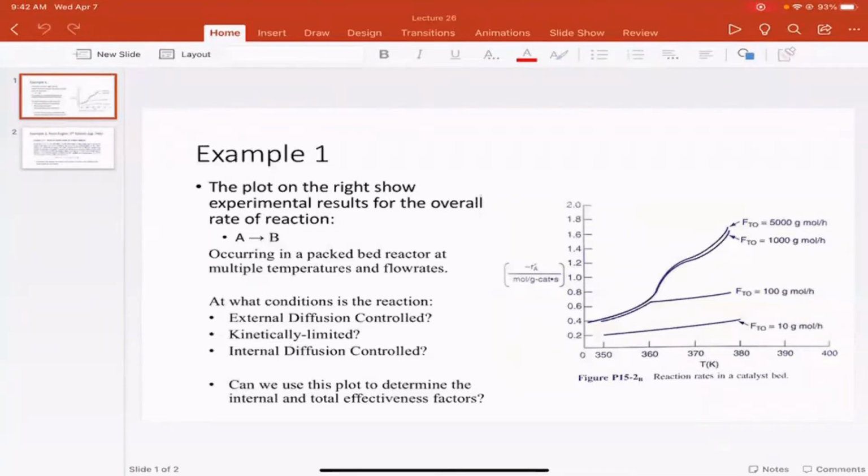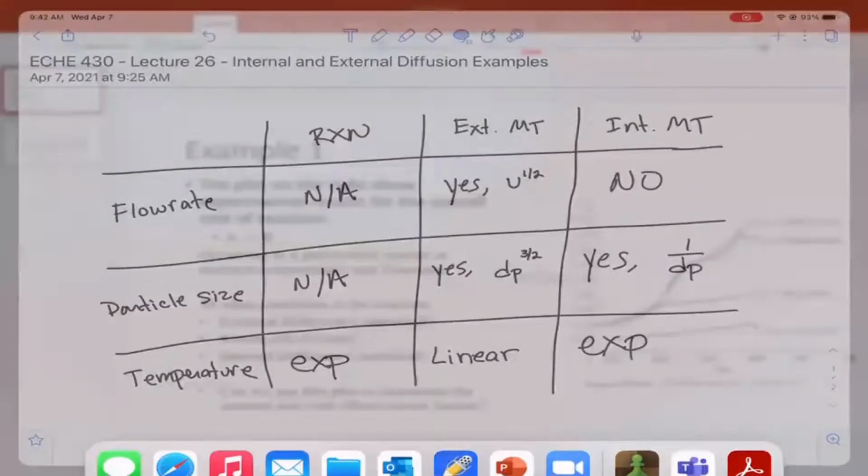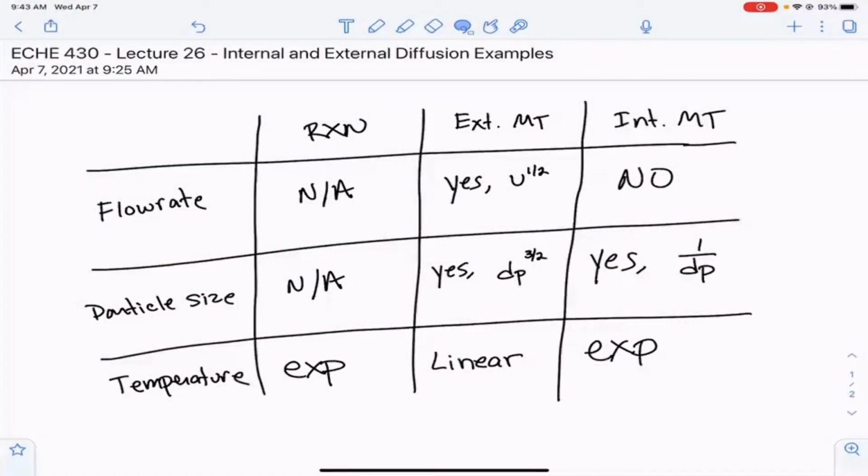So to do that, I'm gonna go back to this table for just a second that I was showing. And one of the things that we wanna remember here is that when we are reaction limited, essentially the only variable that plays any role in the behavior is the temperature, right? Nothing else really affects the reaction.